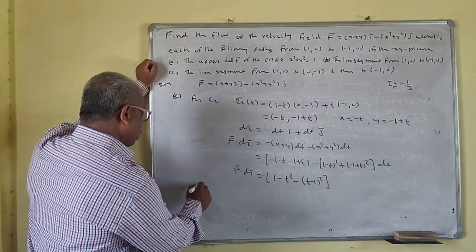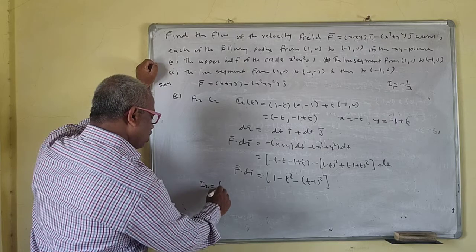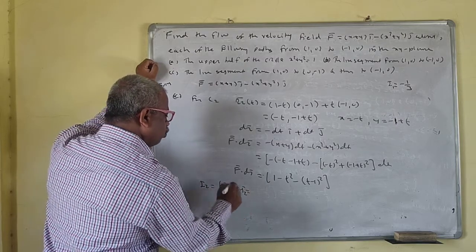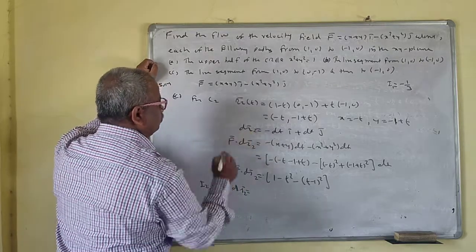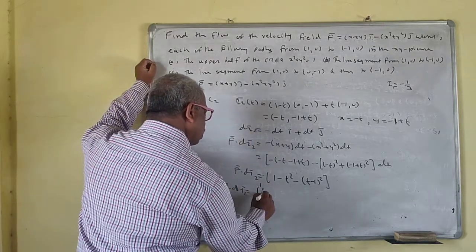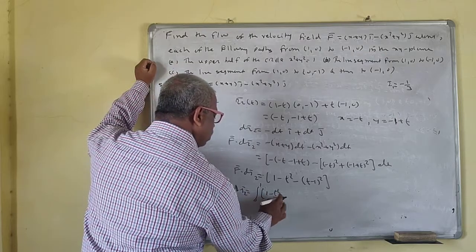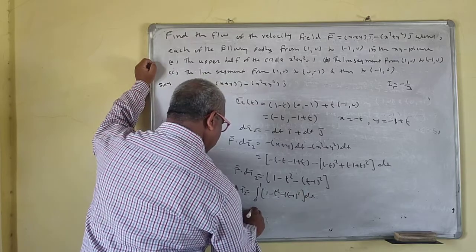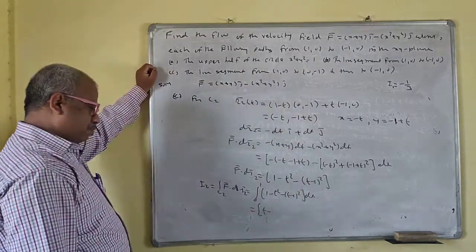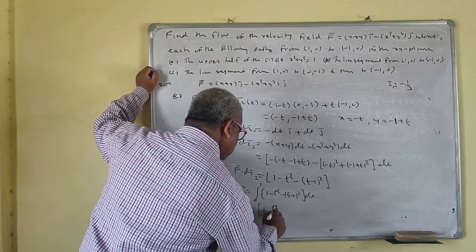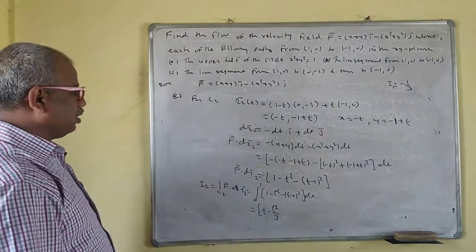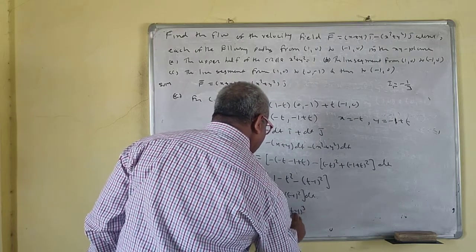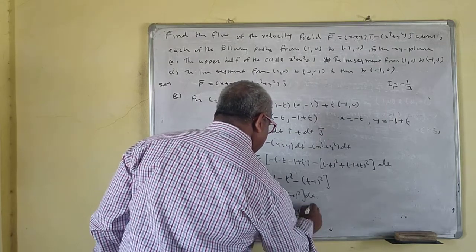Now your I2 is the integral over C2 of f bar dot dr bar, with R2 bar. So from 0 to 1, 1 minus t square minus t minus 1 square, dt. We'll integrate this: t minus t cube by 3 minus t minus 1 cube upon 3, from 0 to 1.